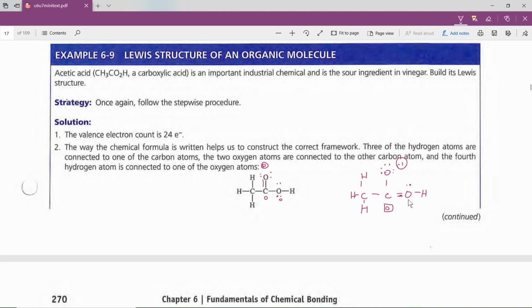The oxygen bonded to the hydrogen, known as the acidic hydrogen, would be 6 minus 3 minus 2, which would be +1. When you're getting oxygens with pluses, that's not really a good way to draw a Lewis diagram. Yes, the formal charges add up to 0, but they are not minimized. So your best description using the Lewis model for acetic acid is the one I just put a box around.